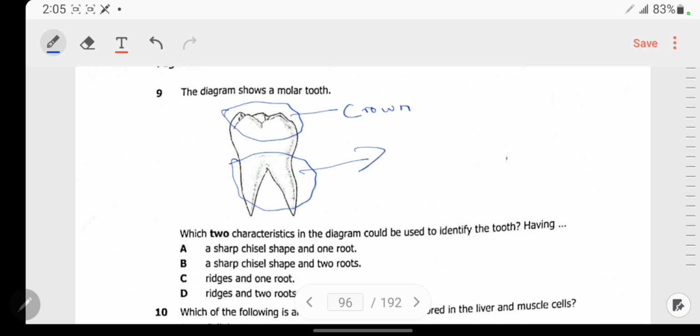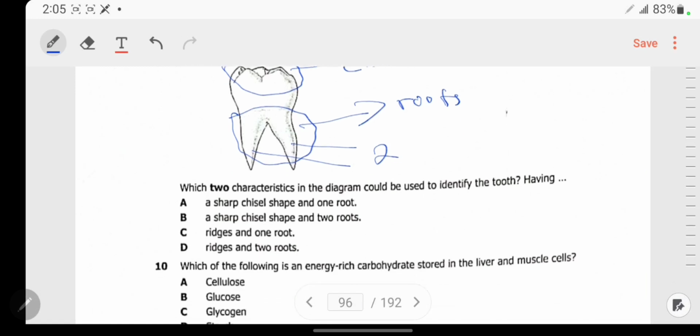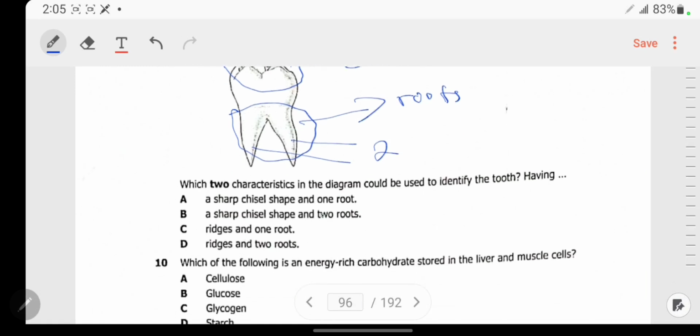Then where it enters the gums, that's what we call the roots. Having identified that, what can we see? We can see two roots. This one is a root, this one is a root. So automatically we should have two roots. So the answer choice is either B or D.